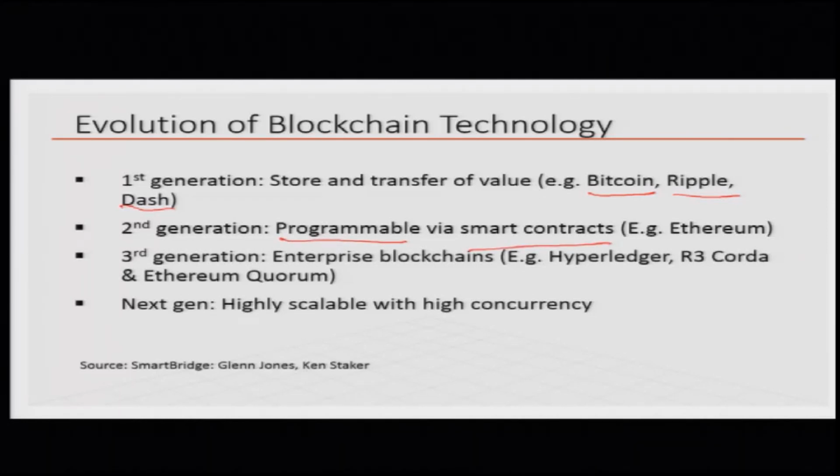We are now seeing what we call third generation blockchain or enterprise blockchain. One of the early forerunners of the enterprise blockchain is HyperLedger, and then we will also see Coda very soon. And then soon there will be other blockchains which are highly scalable with high concurrency, but let us focus now on HyperLedger.